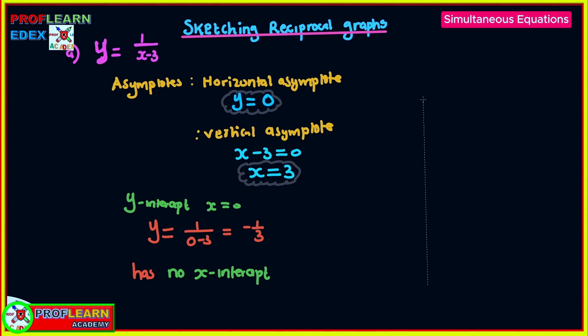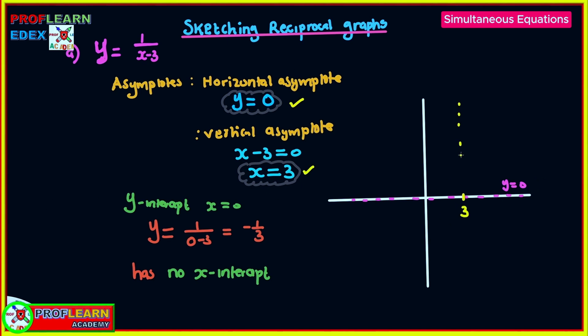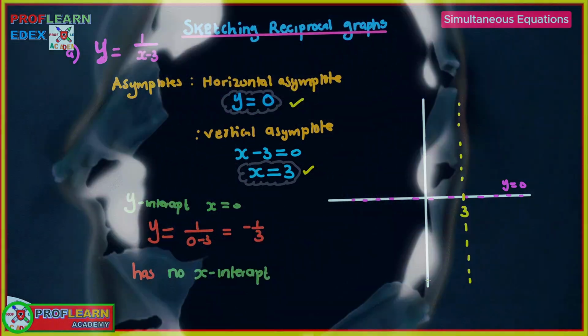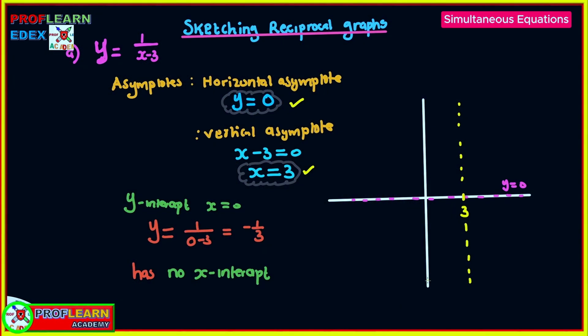So we can now go ahead and sketch the graph the way it looks. This is our beautiful graph. This is the horizontal asymptote, and then we have our vertical asymptote passing through these points. Asymptotes are conventionally indicated using dotted lines, meaning the curves are going to approach those lines but will never cross them.